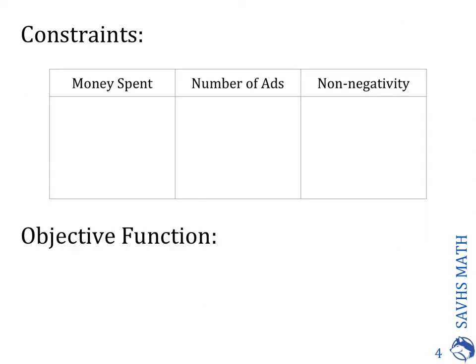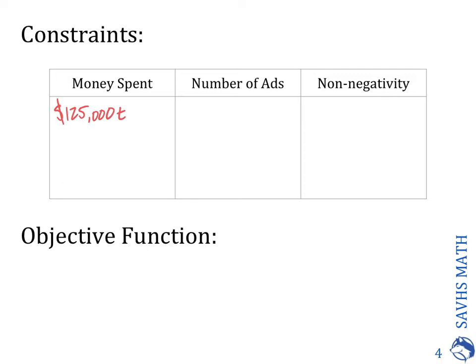Okay, so let's start with the money that we have. We would be spending $125,000 for every TV ad. So I'm going to write T for TV.